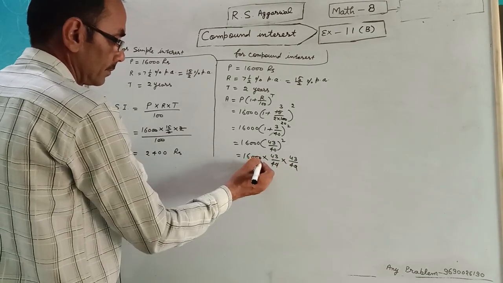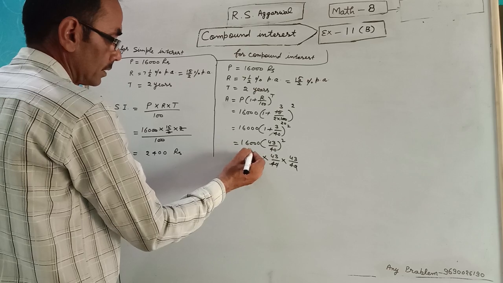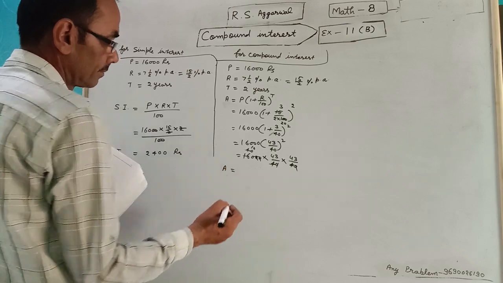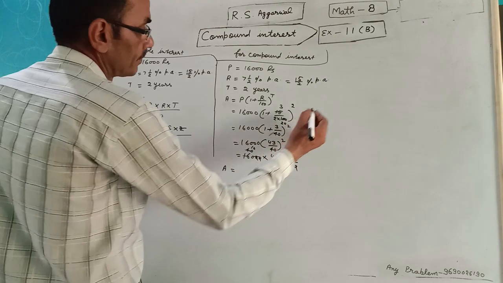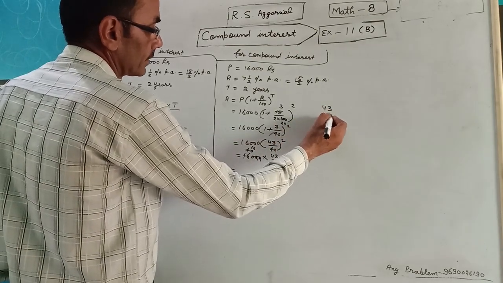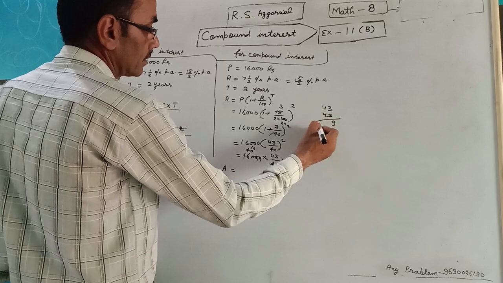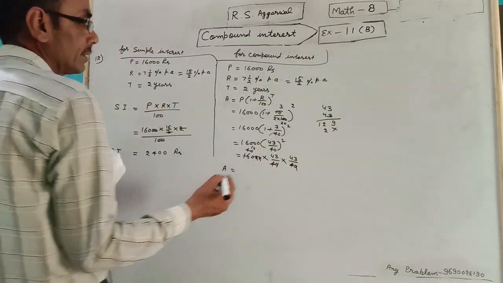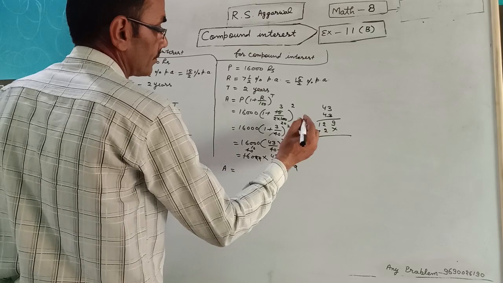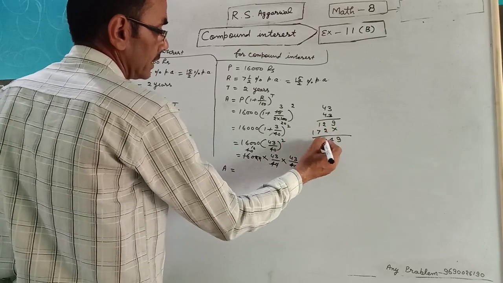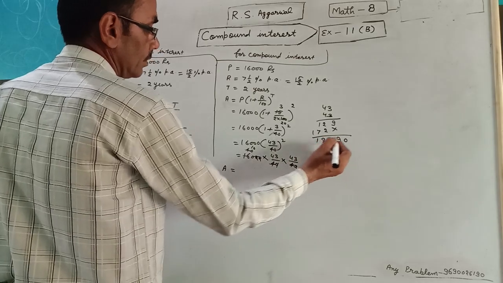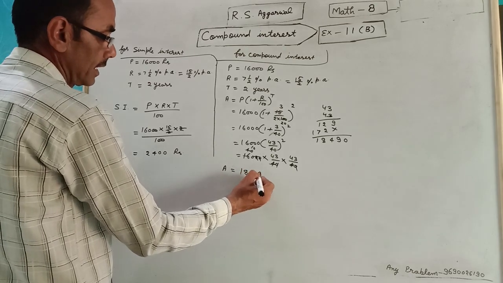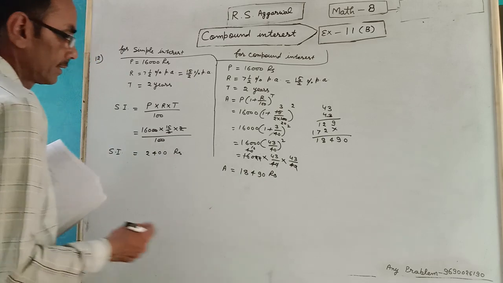Cancel 20 by 20, 4 and 4. A will be 43 and 43 and 10. 3 3s are 9, 4 3s are 12, 3 4s are 12, 16 and 17, 9 4s are 36 and 1 is 0. 18,490 rupees is the amount he gets.